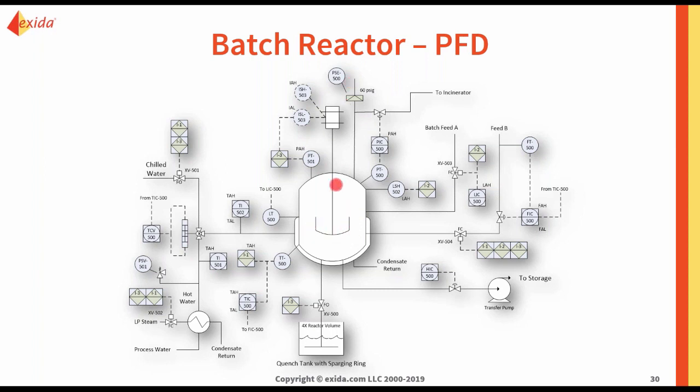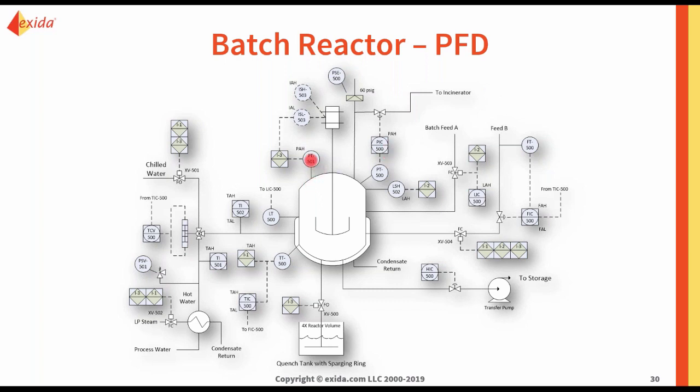A couple things I want to highlight. We have a few pressure transmitters here. If the reaction has too high a pressure, this pressure transmitter will cause this pressure control valve to vent pressure to an incinerator.